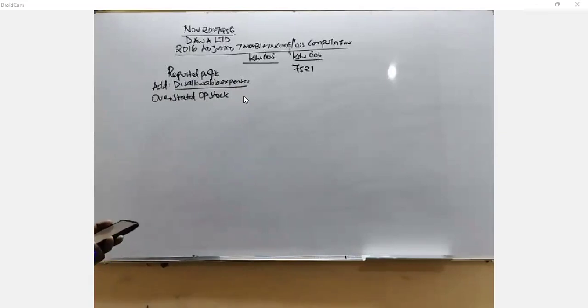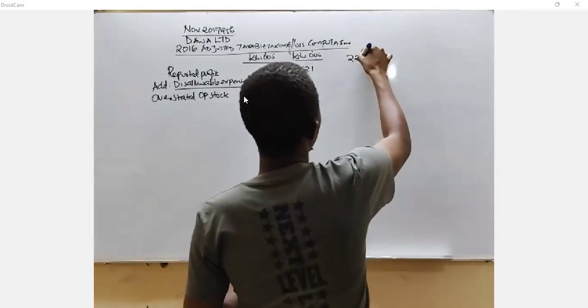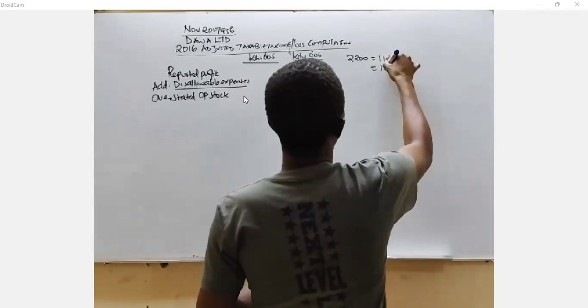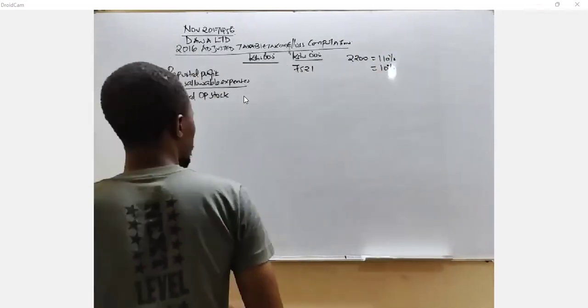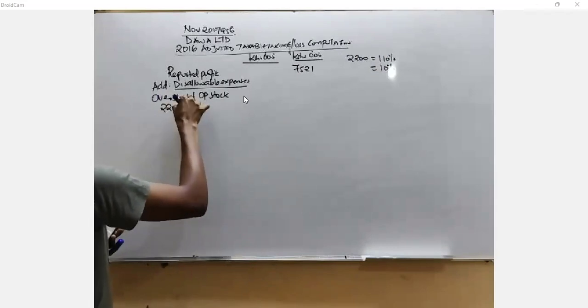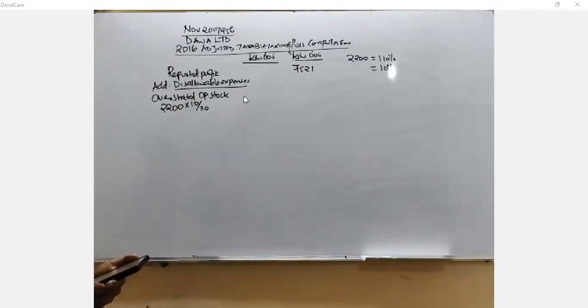So how much was overstated? The figure of 2.2 million equals 110%. We asked how much was overstated, which is 10%. So when you're analyzing it here, you take 2200 times 10 over 110.